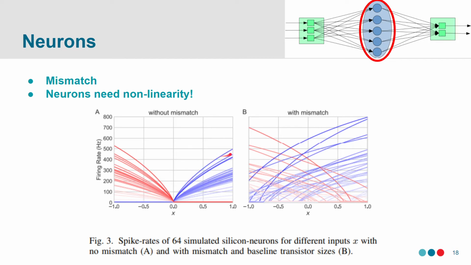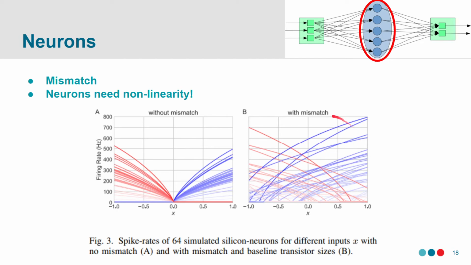So this would be a neuron that is very close to the positive tap point. This would be a neuron that's very close to the negative tap point. This would be a neuron that is far away from the positive tap point, but is closer to the positive tap point than the negative, and vice versa for this one. So that's what we would get if everything was perfect and all transistors were the same.